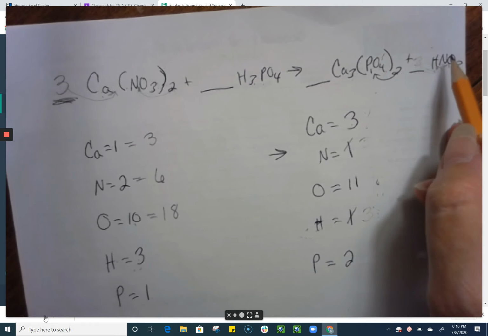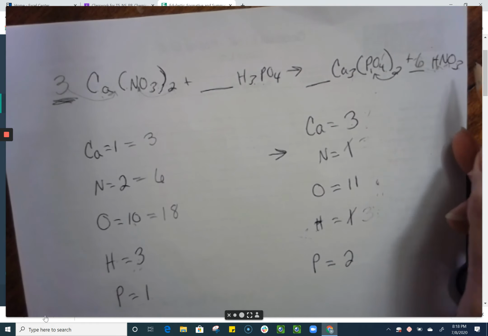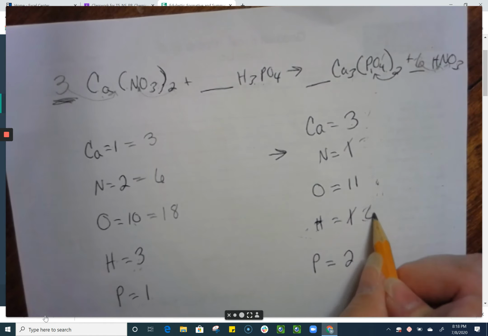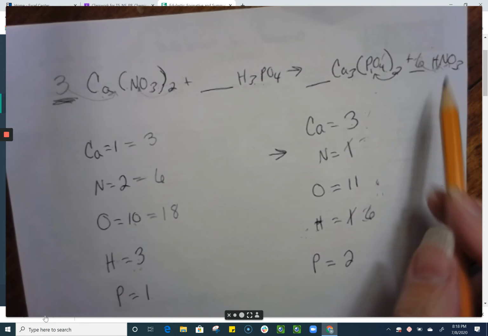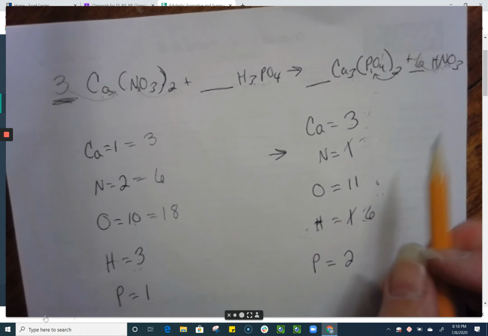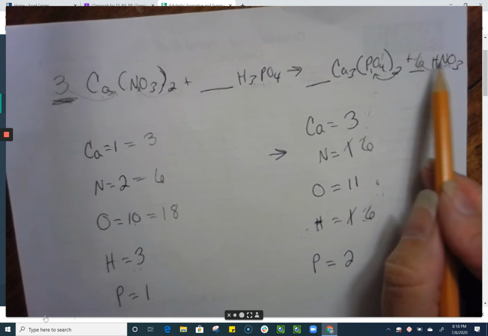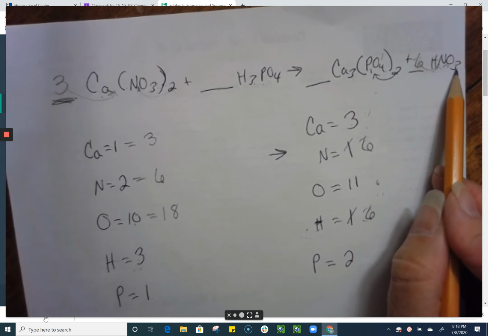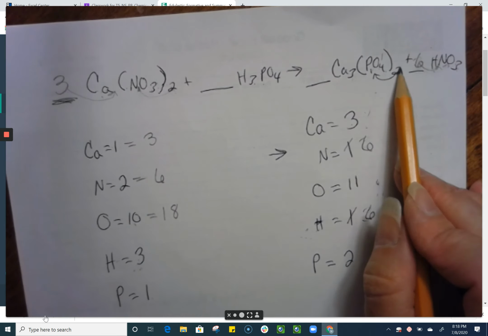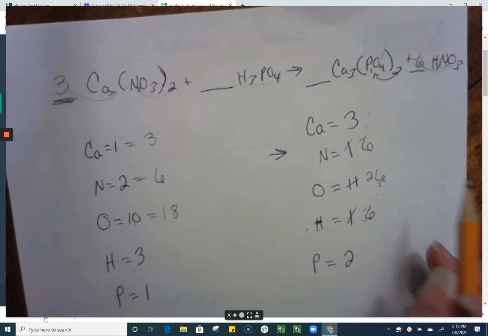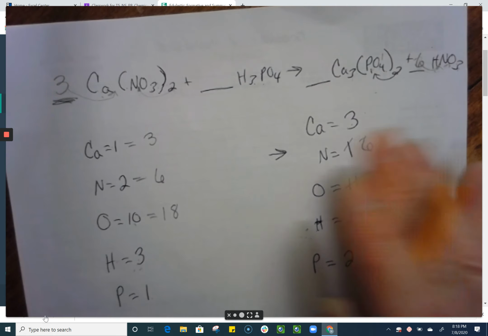So let me change this to a 6. 6 times 1 is 6 hydrogen. 6 times 1 is going to give me my 6 nitrogen. 6 times 3 is 18, plus 8 more is going to give me 26 oxygen, okay?